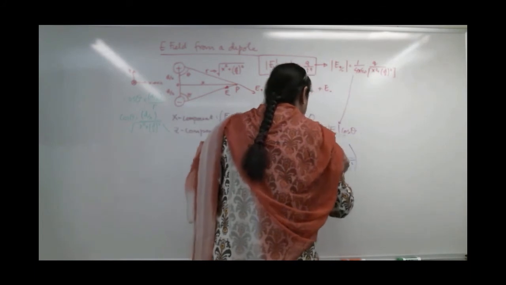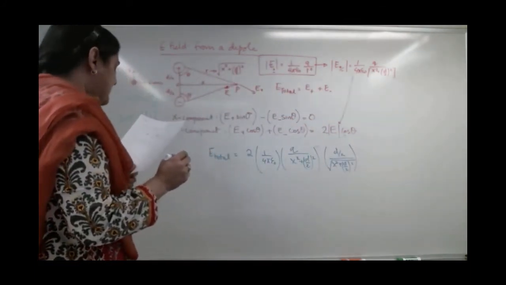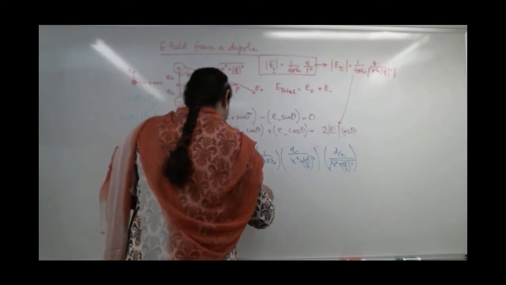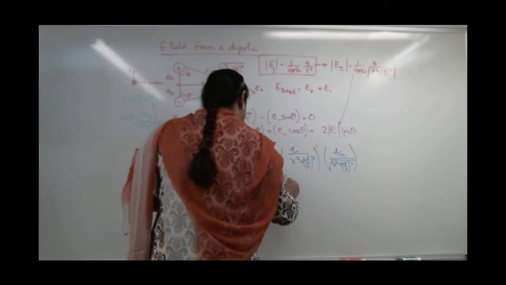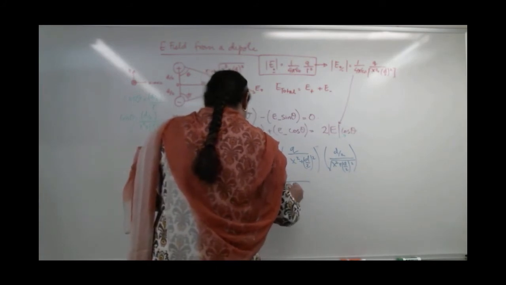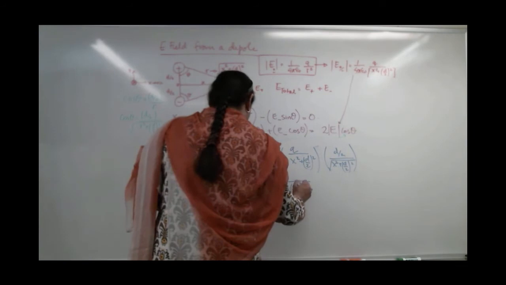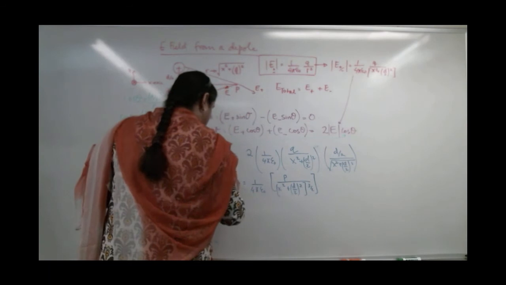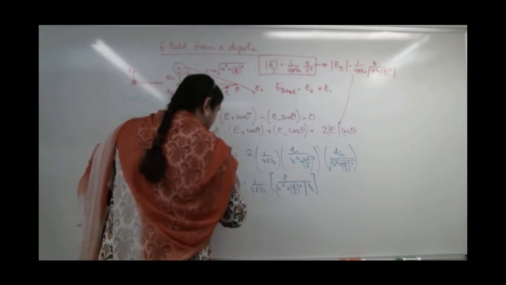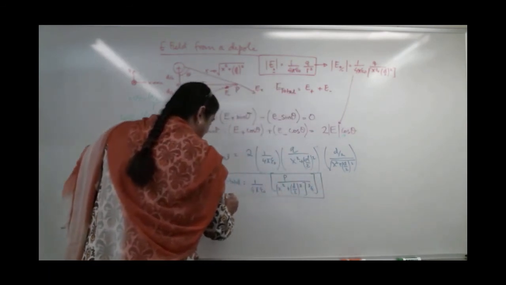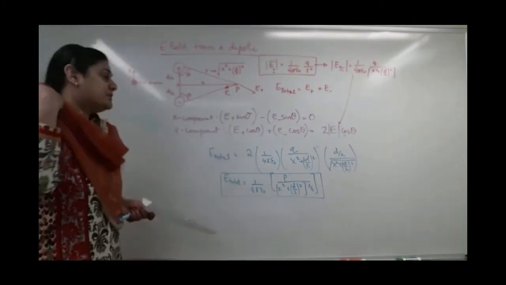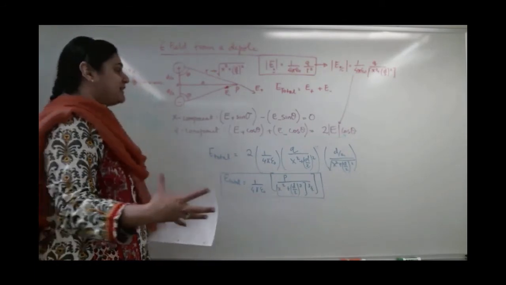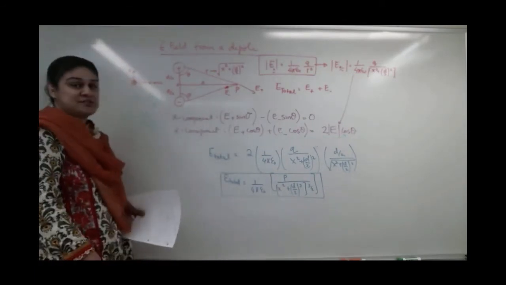If I simplify, I will get E total equals 1 over 4 pi epsilon naught, p over (x squared plus (d over 2) squared) to the 3/2. Remember when we looked at this on the screen, we thought, oh my god, this is really complicated. It really isn't. It just follows through.